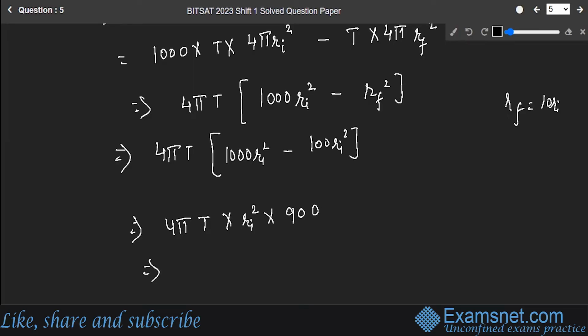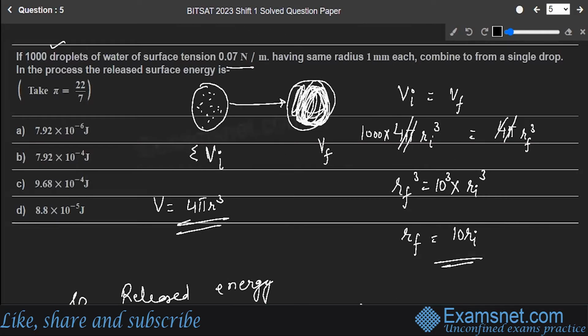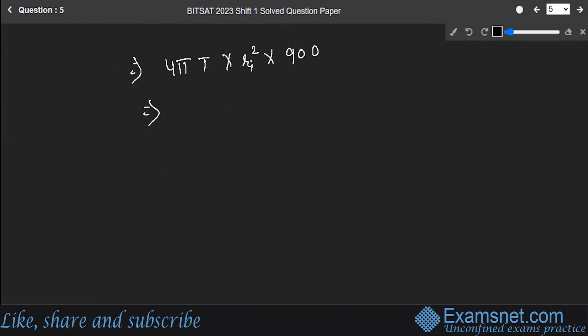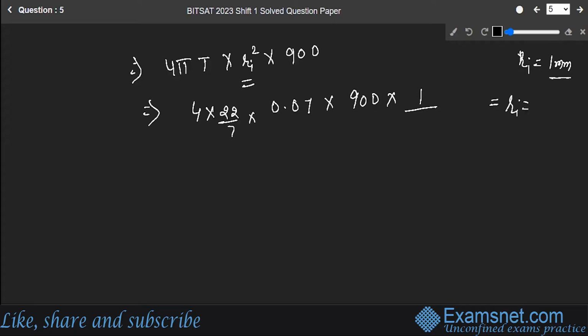Now T is given as 0.07 Newton per meter. So this is 4 into pi, that is 22 by 7, into 0.07 into 900 into Ri square. Ri is 1 mm; converting into meters, this is 10 power minus 3 meters, and the square gives 10 power minus 6.